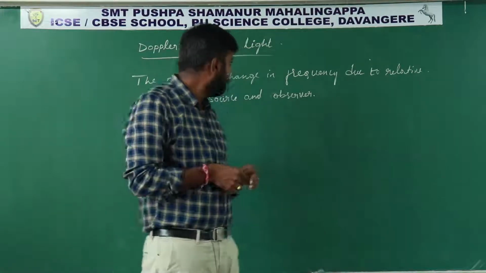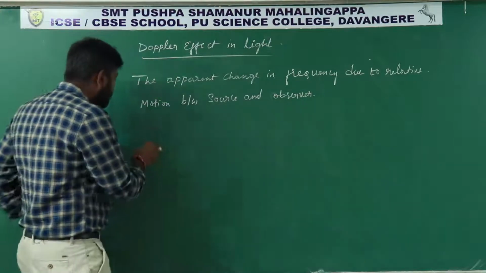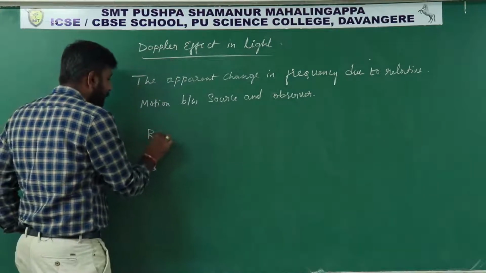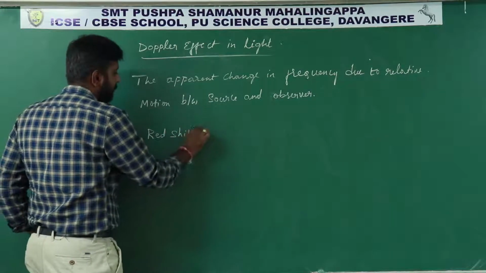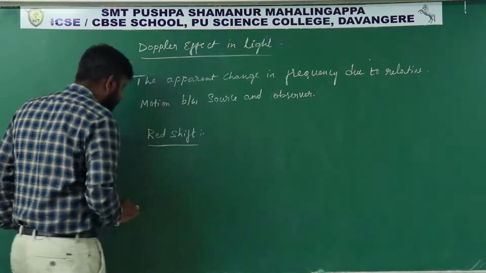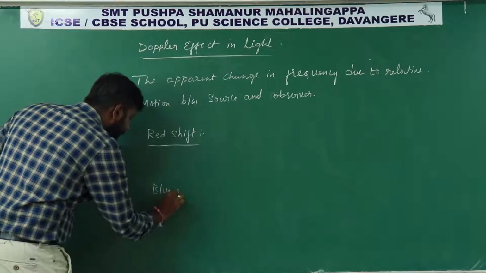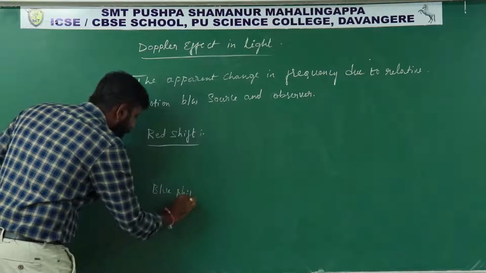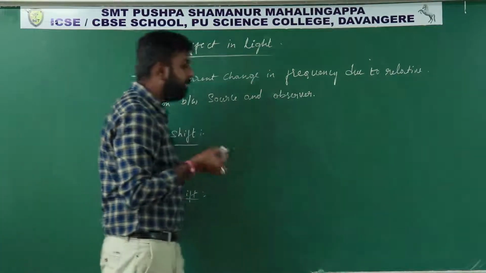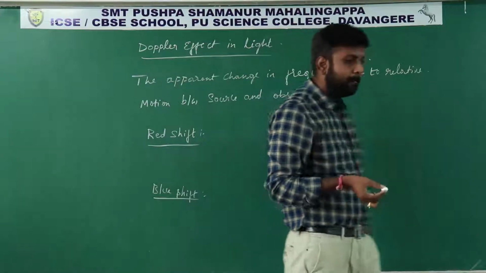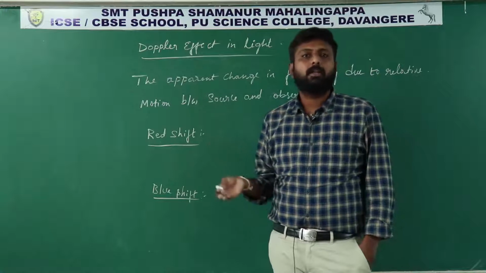So here, in Doppler effect of light, we will define redshift, and we will define blue shift. So redshift means what? If the source is moving away from us, what happens?